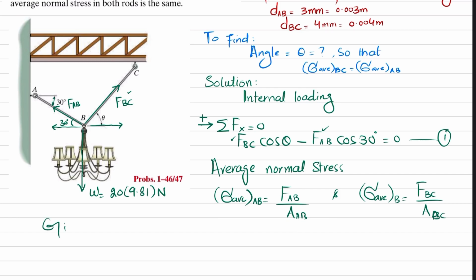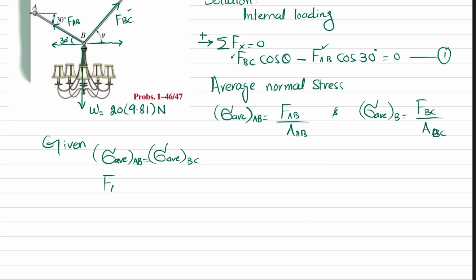It is given in the question that we have to find theta for which the average stress in AB is equal to the average stress in BC. So sigma average AB, FAB divided by area of AB, is equal to FBC divided by area of BC.